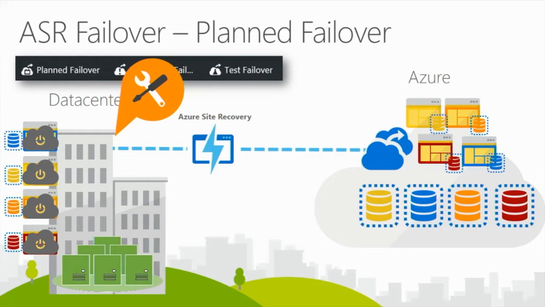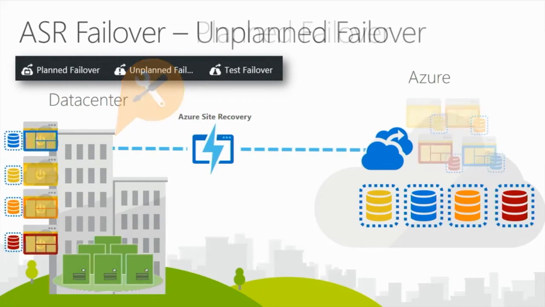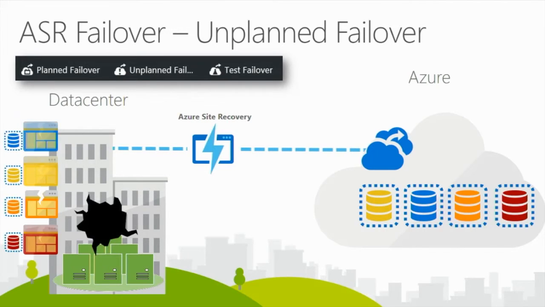The final option we have is an unplanned failover. Now, we might have to enact this because of administrator misadventure, and we've broken a virtual machine, or we could have a whole site that's gone down. The really important thing to understand with an unplanned failover is that delta replication does not occur.